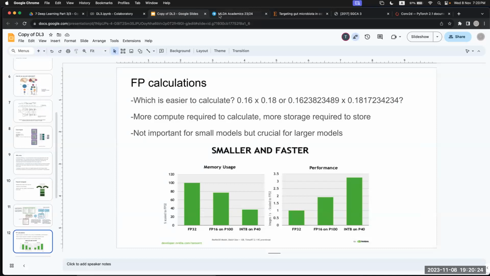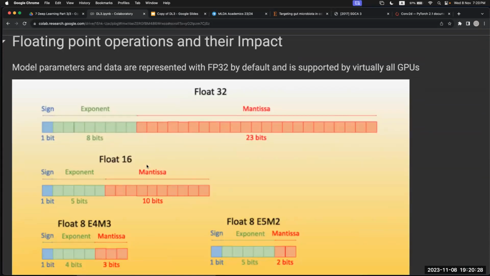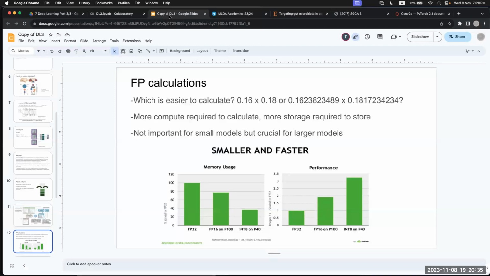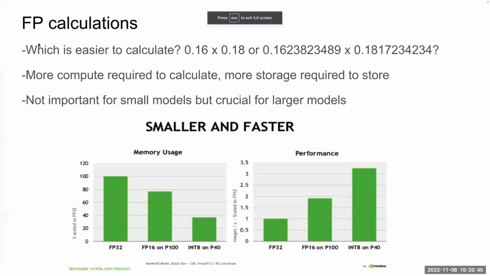So now we will be going through floating point operations. This is the next part in the Jupyter notebook. For those that have taken digital logic, or digital electronics, you've probably encountered this word before, floating points.